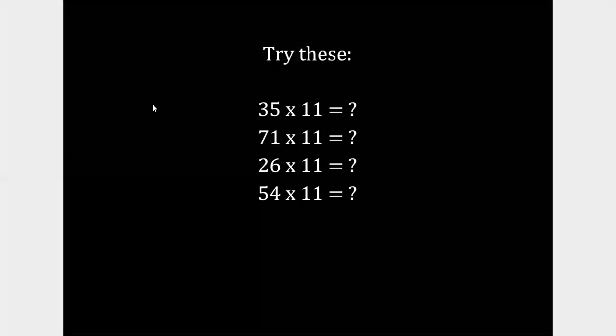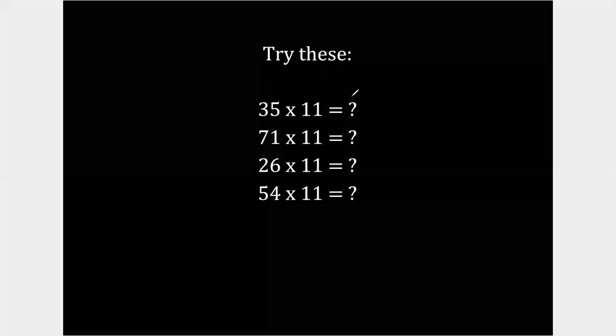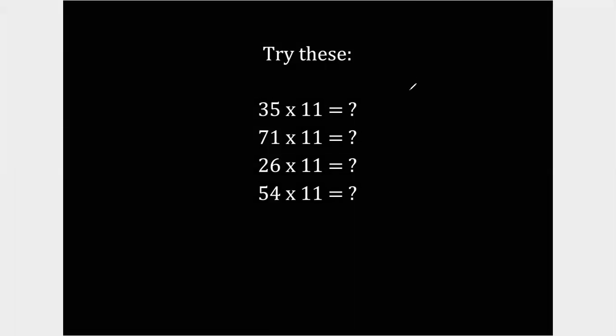Why don't you try these? Take a minute and see if you can do these calculations in your head. Now remember, we're just going to be looking at the number that is being multiplied by 11.